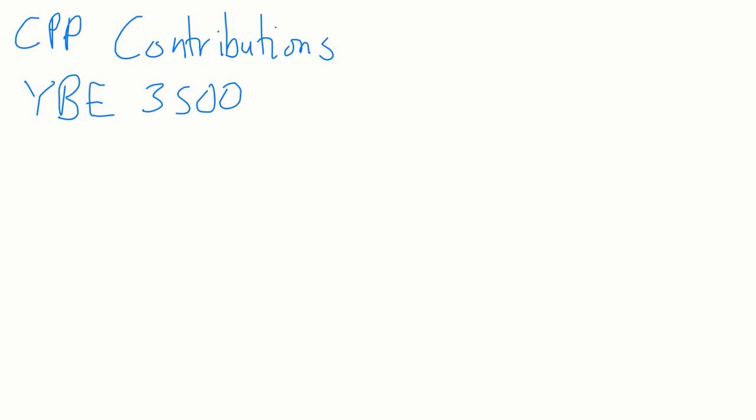It's always $3,500. There's the YMPE, which is your ceiling. That's the maximum you're going to contribute. The YMPE changes every year, so you'll always be given this in a situation where you have to calculate your CPP contributions. It's roughly $60,000 right now.